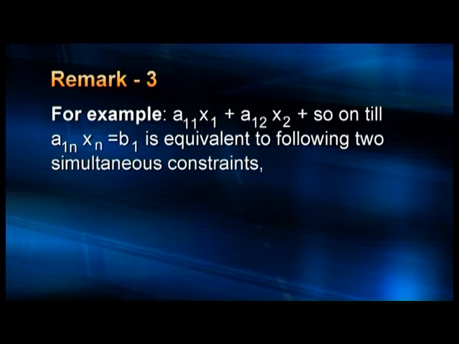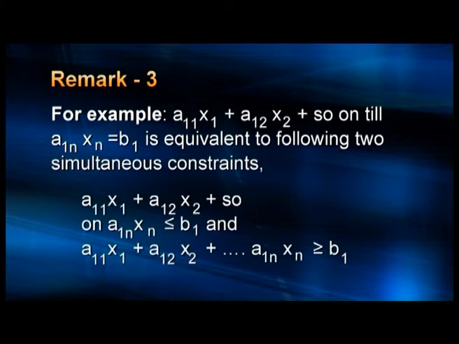For example, a11 x1 plus a12 x2 plus so on till a1n xn is equal to b1 is equivalent to the following two simultaneous constraints: a11 x1 plus a12 x2 plus so on a1n xn is less than or equal to b1, and a11 x1 plus a12 x2 plus so on a1n xn is greater than or equal to b1.